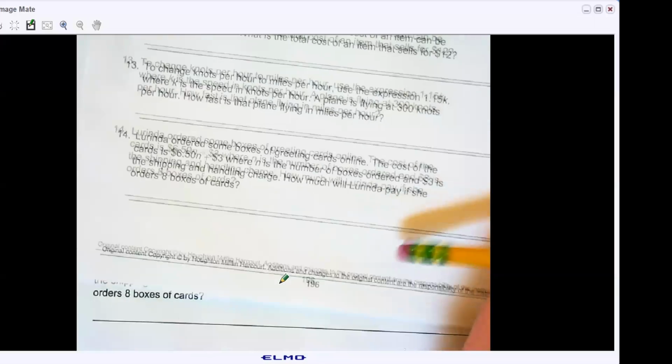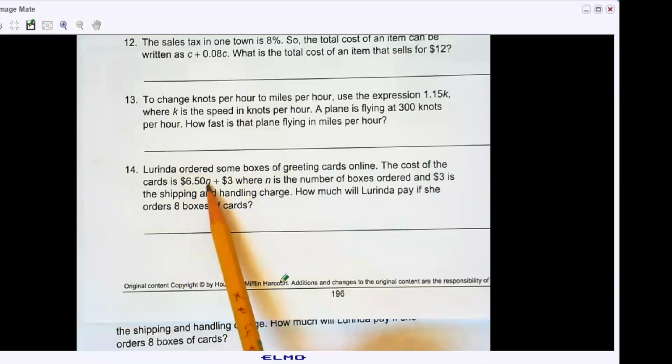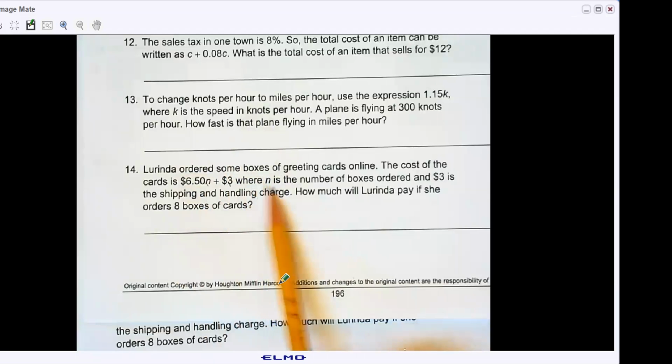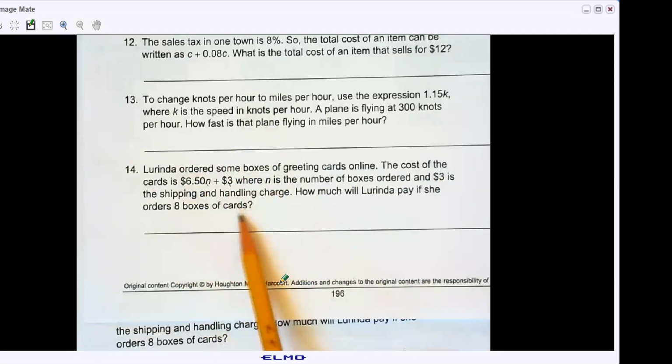All right, let's look at this one. Lorinda ordered some boxes of greeting cards. The cost of the cards is $6.50 times n plus $3, where n is the number of boxes ordered, and 3 is the shipping and handling charge.